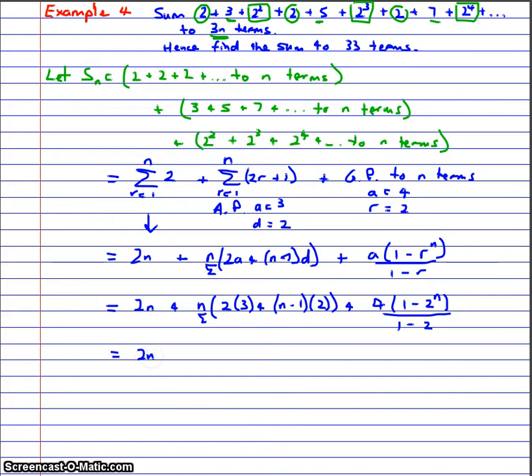And going on further, 2n plus n over 2 times 2 3s are 6 plus 2n minus 2 minus 4 outside of 1 minus 2 to the n, and 2n plus n over 2 outside of 6 minus 2 is 4, 4 plus 2n minus 4 plus 4 times 2 to the n.